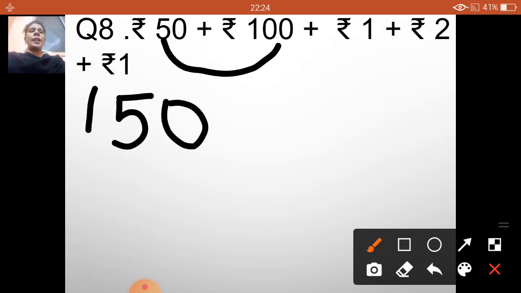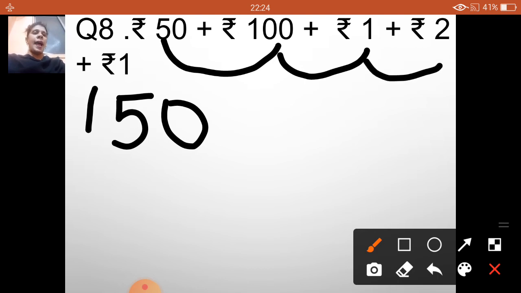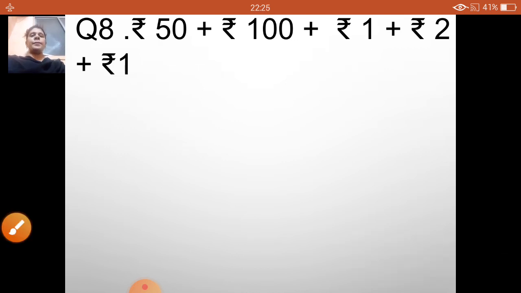Now to this 150 rupees, I am going to add 1 rupee. So it will be 151. And to that 151, I add this 2 rupee. Then 52, 53. To that 53, if I add one more 1 rupee, what amount am I going to get?